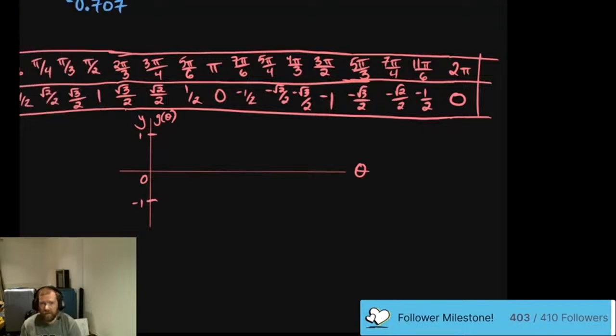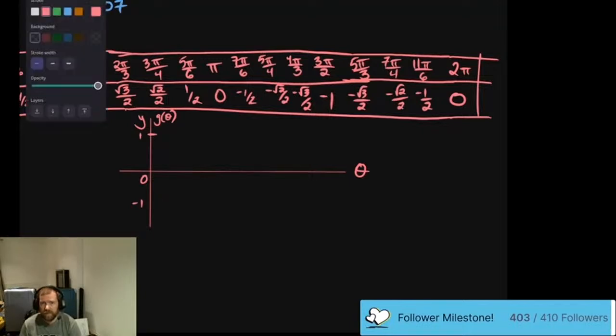Okay, and again, here's 2 pi. Here's pi. Pi over 2. 3 pi over 2. Pi over 4. 3 pi over 4. 5 pi over 4. 7 pi over 4.